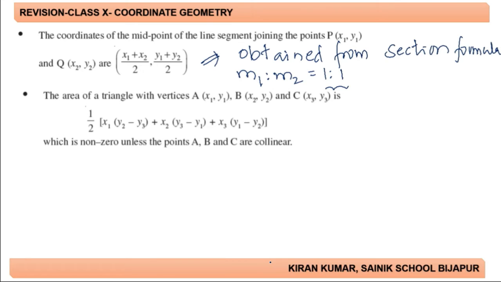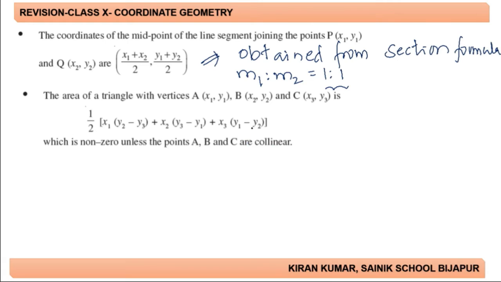The area of a triangle with vertices A x1 y1, B x2 y2 and C x3 y3 is given by half times x1 times y2 minus y3, plus x2 times y3 minus y1, plus x3 times y1 minus y2, which is non-zero unless the points A, B and C are collinear.